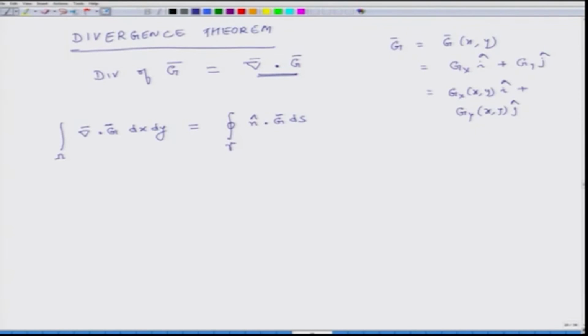Okay. So, we have defined what these entities are, what is the normal vector, unit vector in the normal direction to the boundary, what is ds and all that stuff. So, we will not do that again.